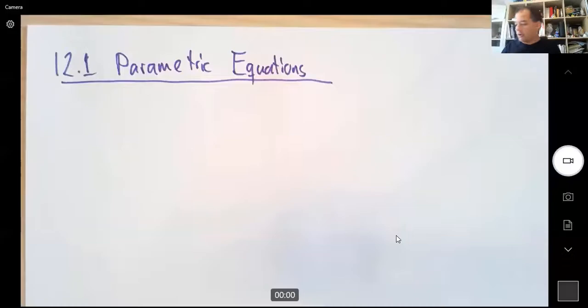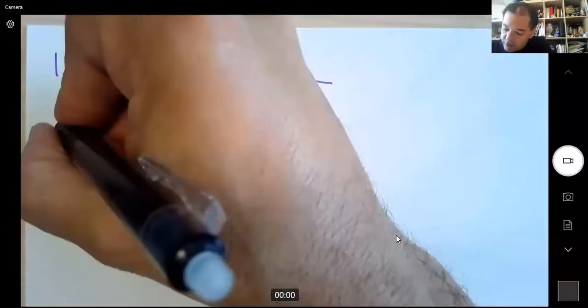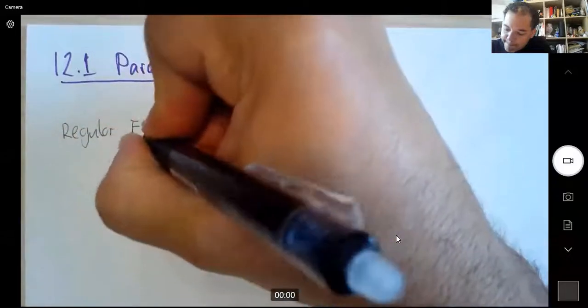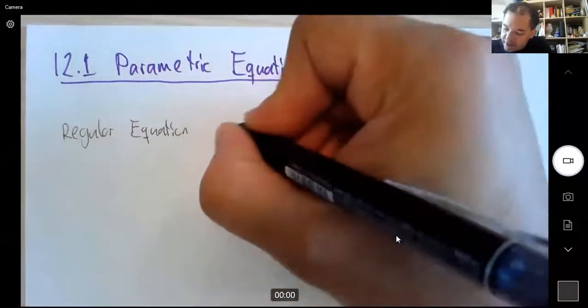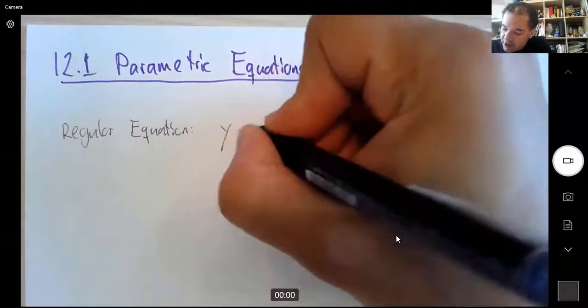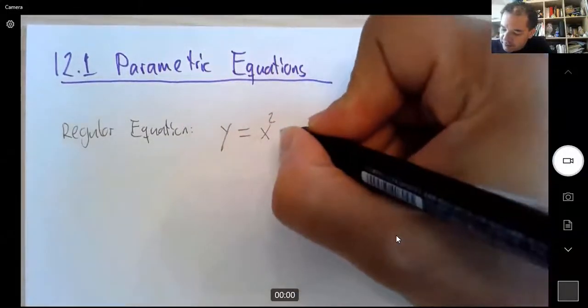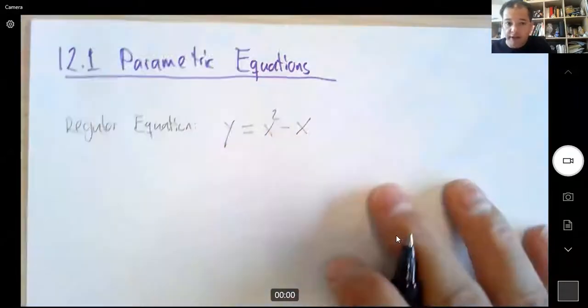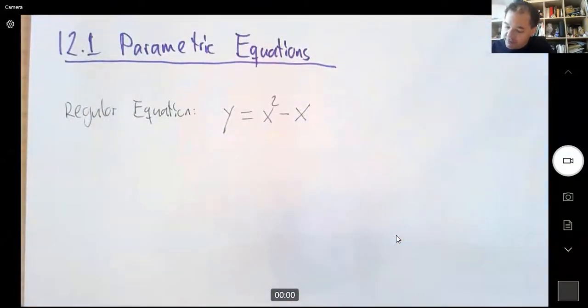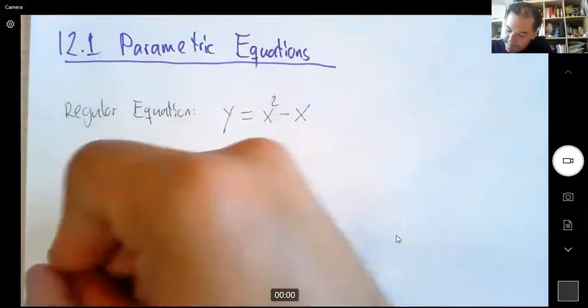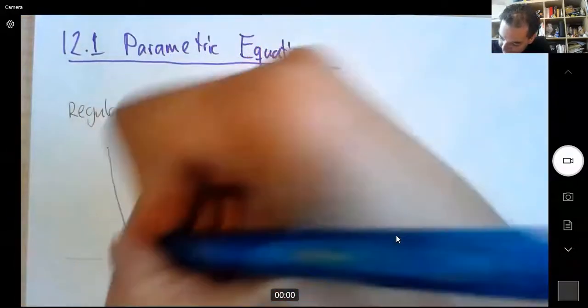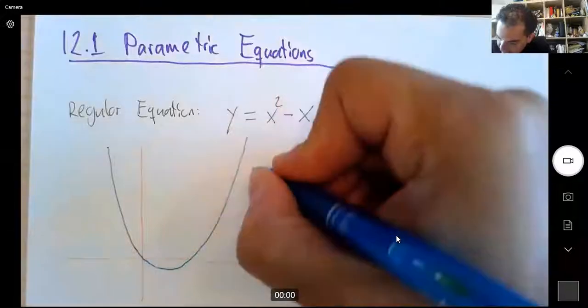A regular equation looks kind of like this, like y equals x squared minus x, for example. And we know this one. This is just a parabola. It's actually the parabola that goes through 0 and 1, like this.